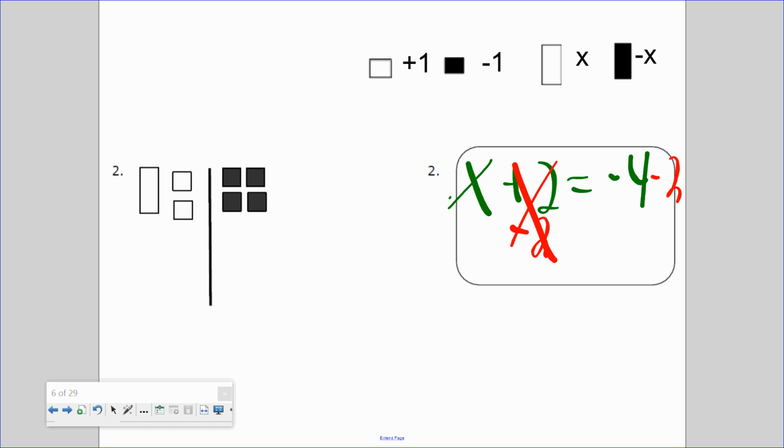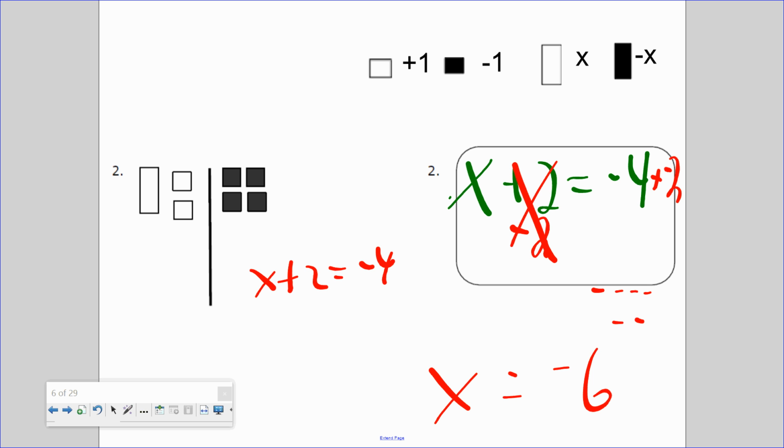Ooh, do we remember how to subtract integers? Negative 4 minus 2. We add the opposite. 4 negatives, 2 negatives, negative 6. X equals negative 6. Check your work. Back to the original equation. Substitute x with negative 6. Negative 6 plus 2 is negative 4.